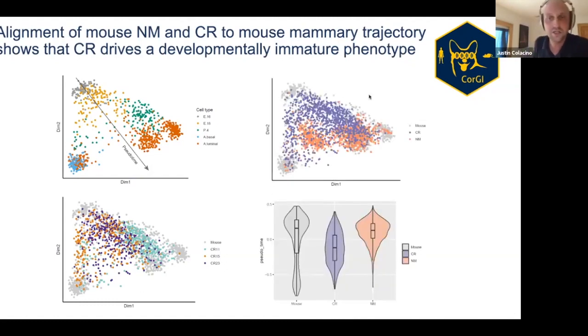But then we can compare and contrast with what we have for the normal mammary glands. So those are the cells straight out of the patient. You can see that the normal mammary gland cells align quite nicely with adult mouse cells. And so we can calculate and compare the pseudotime of each of these. So we can, again, validate that our conditional reprogramming process is inducing a more developmentally immature phenotype.